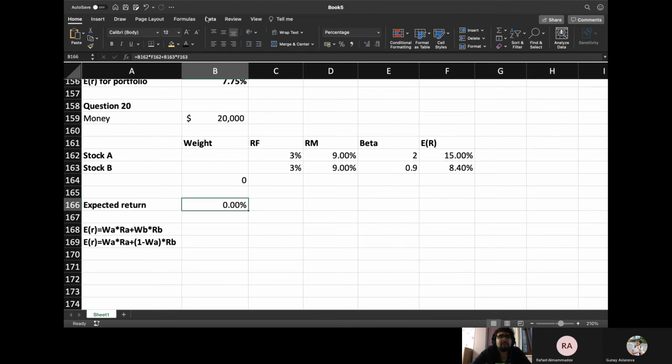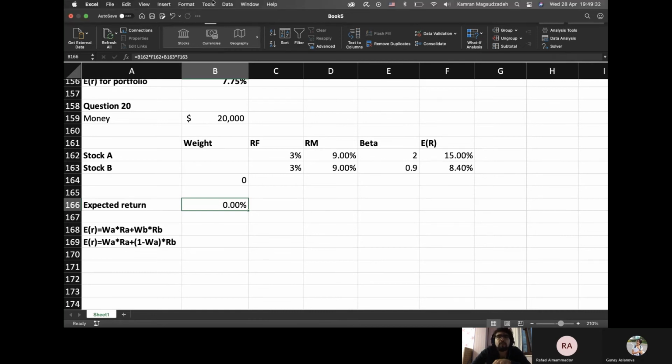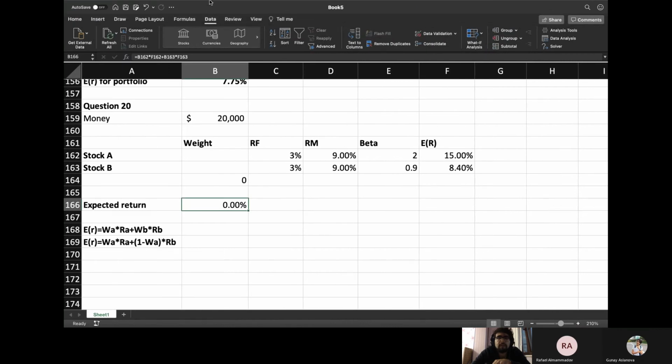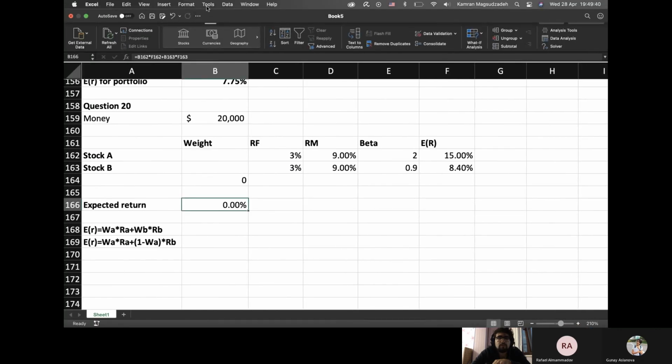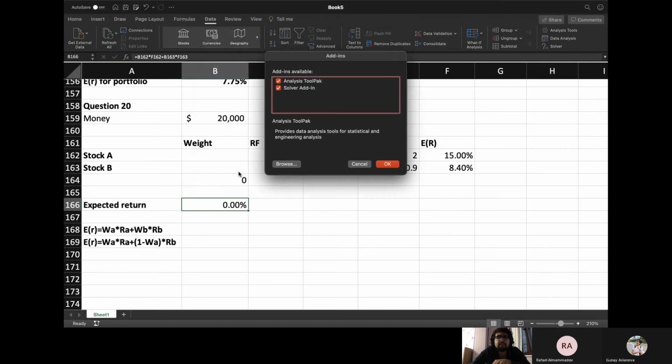We can apply the Solver function here. Solver is in the Data section of Excel. If you don't have it and you are using a Mac, from the Tools bar come here to Excel add-ins.